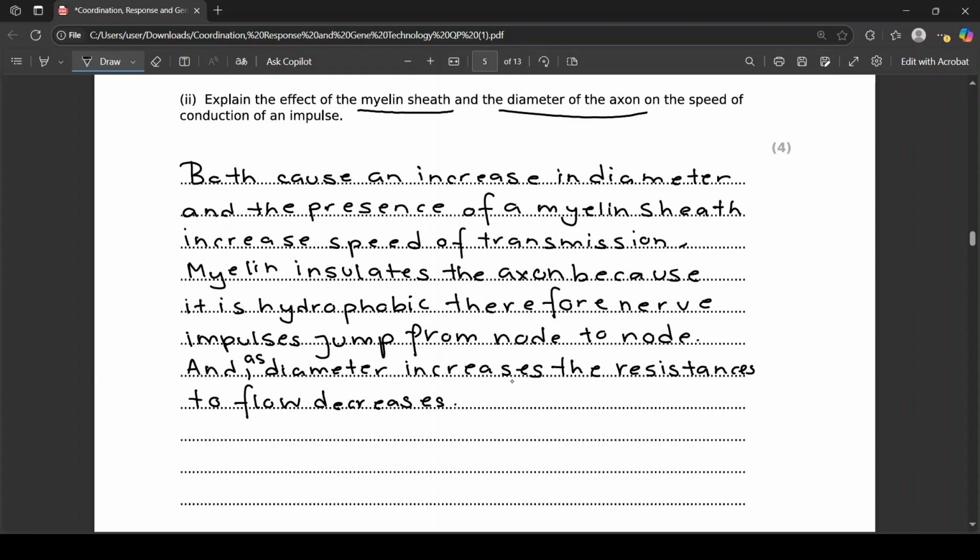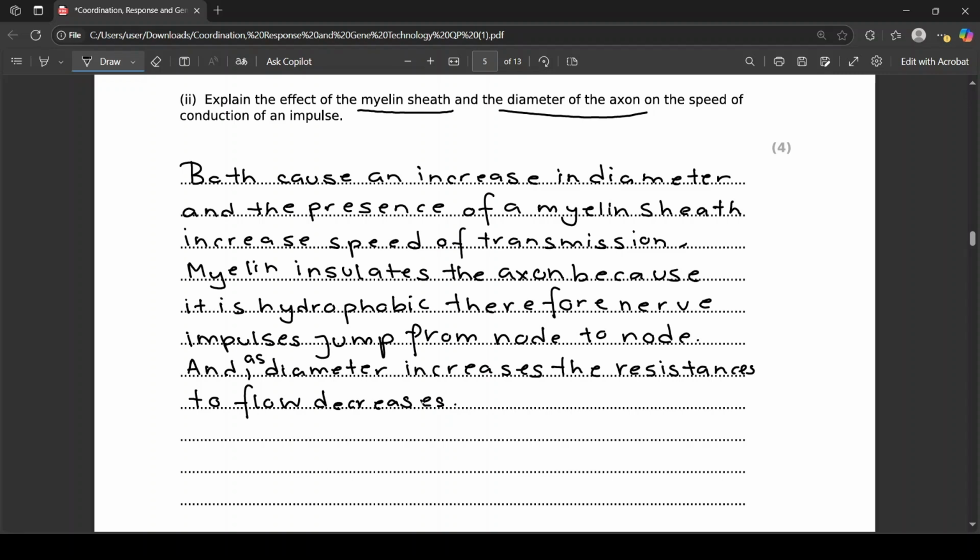Okay, and then let's talk about the effect of axon diameter. A wider axon means that there is less resistance to the flow of ions inside the axon. So basically, when the impulse is passing through the axon, there is a resistance to the flow of ions inside the axon. So this resistance decreases in a wider axon.